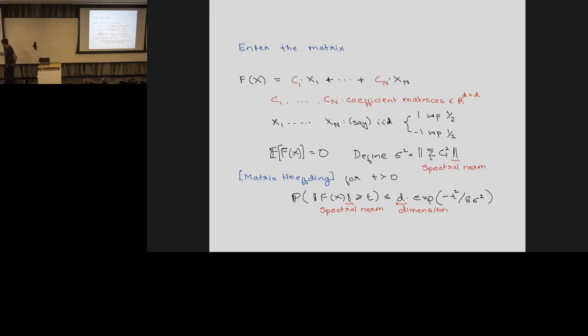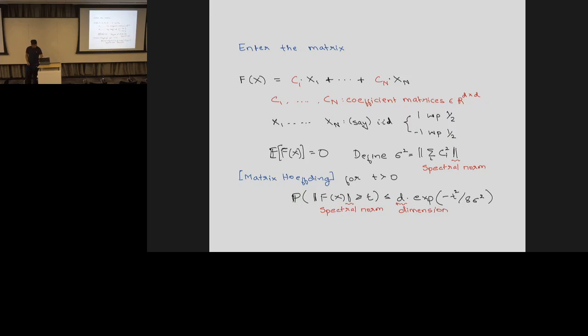And there is a factor d in front, which is the dimension of these matrices, and that's necessary because even for the special case of diagonal matrices, you basically have d separate polynomial concentration questions, and at least in general you can't avoid a union bound kind of loss. Okay. So maybe for some very special functions you can say more, but in general at least this is it. Okay. Any questions about the terms or the expressions here?